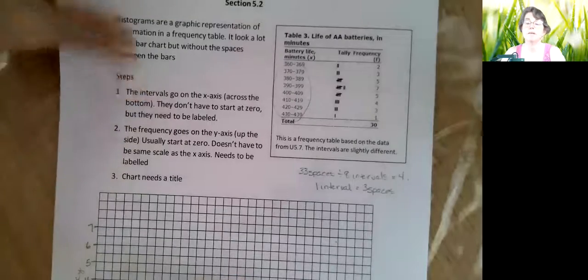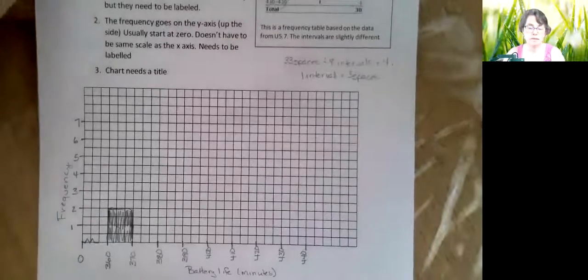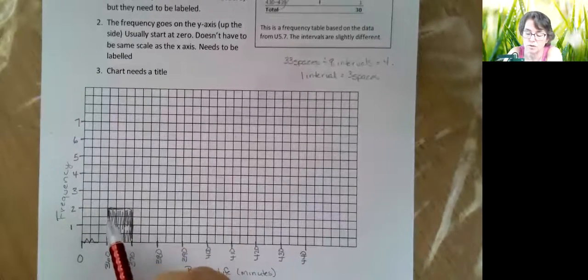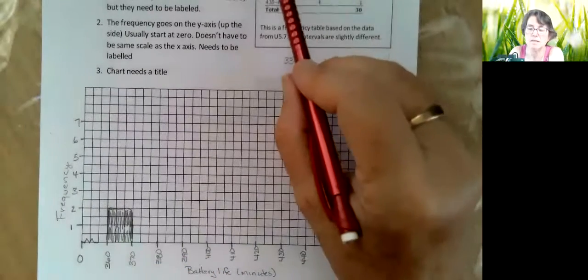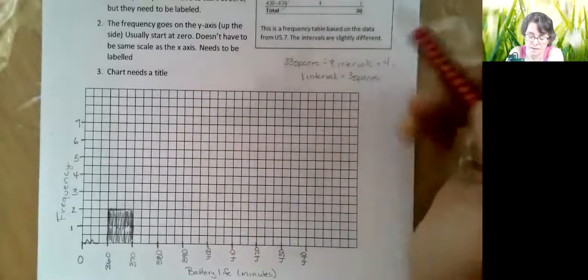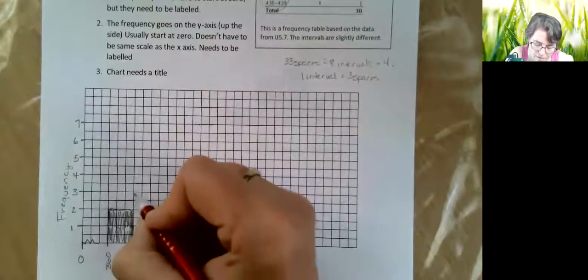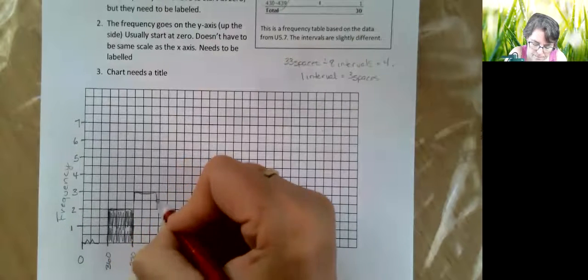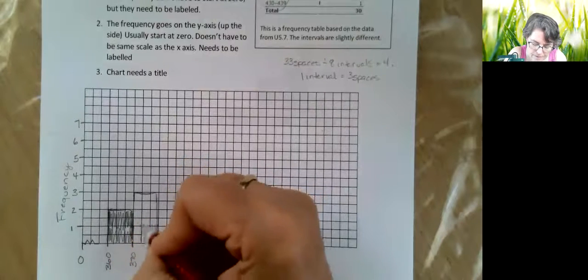Now, if you want to impress me, I'm going to be more impressed if you can actually see what I was doing. So 360, 370, and there were 2. 370 to 379, there was 3. So in the next box, we need to go up to 3. And we color it in.